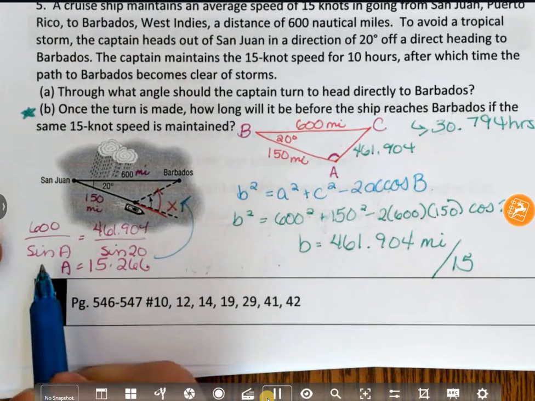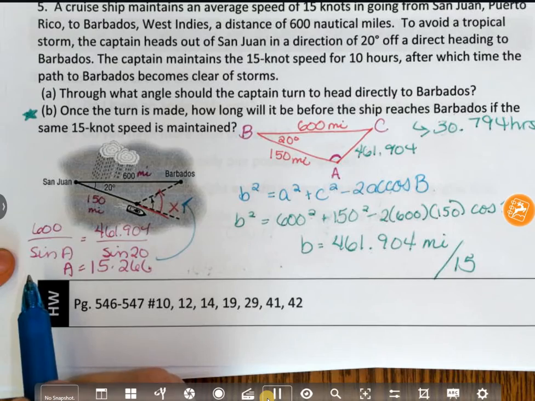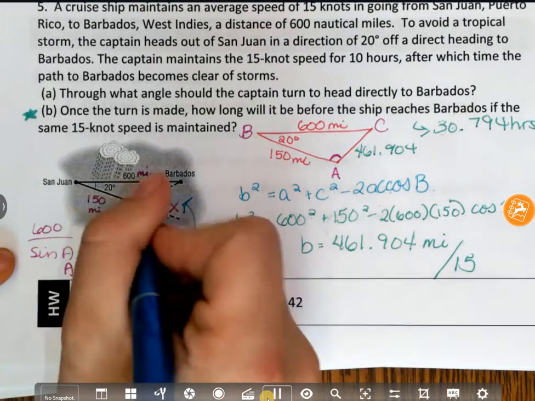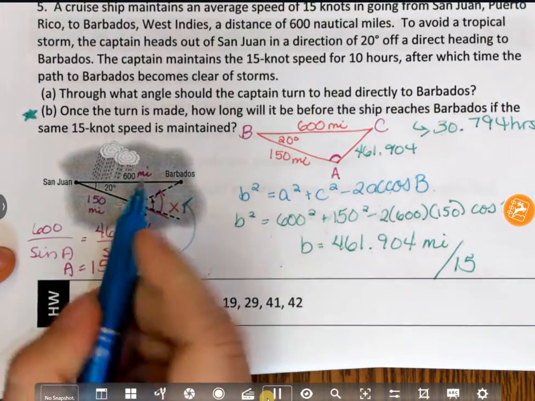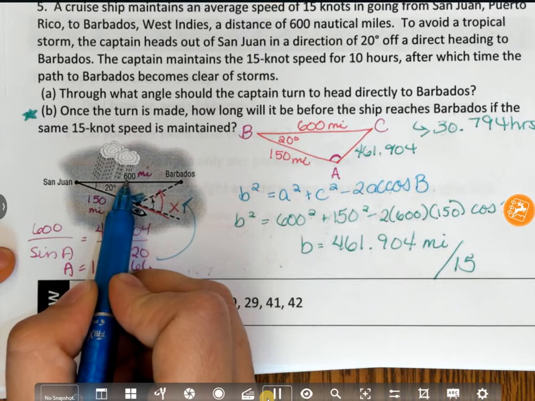If you're going to be using law of sines to just find that angle, look at that. That's the largest side. When you do the law of sines, it's only going to give you the acute angle, so you've got to be careful.